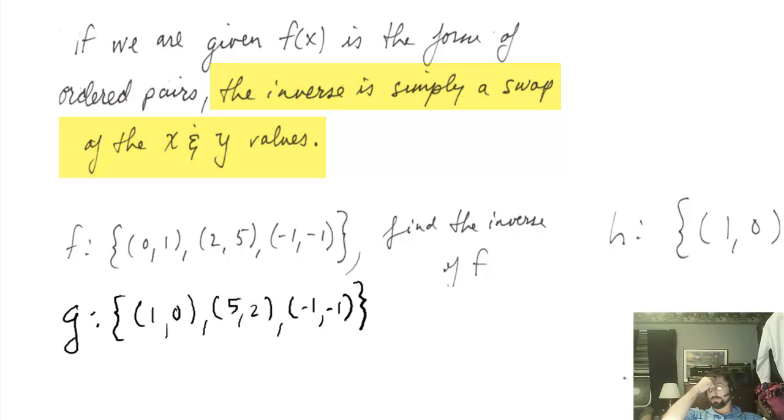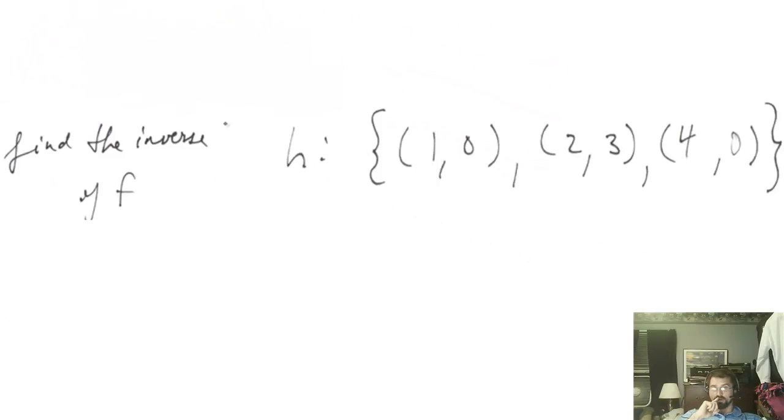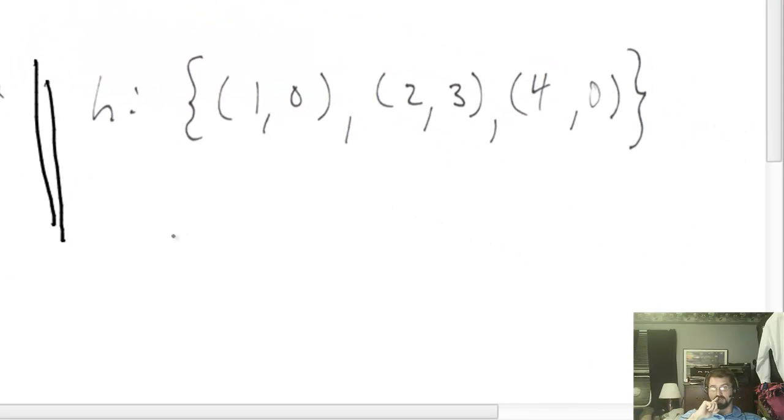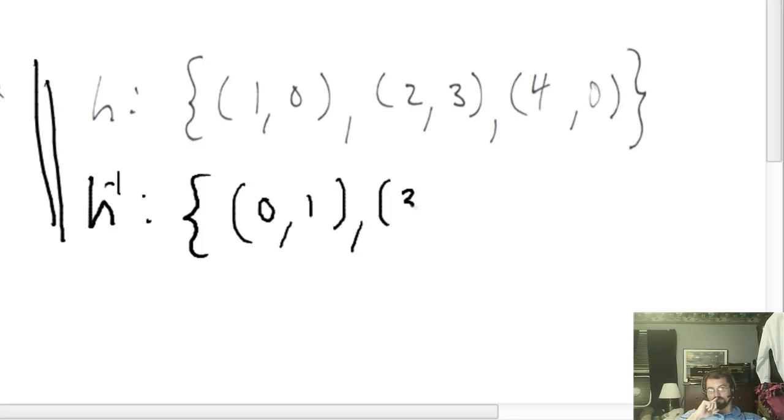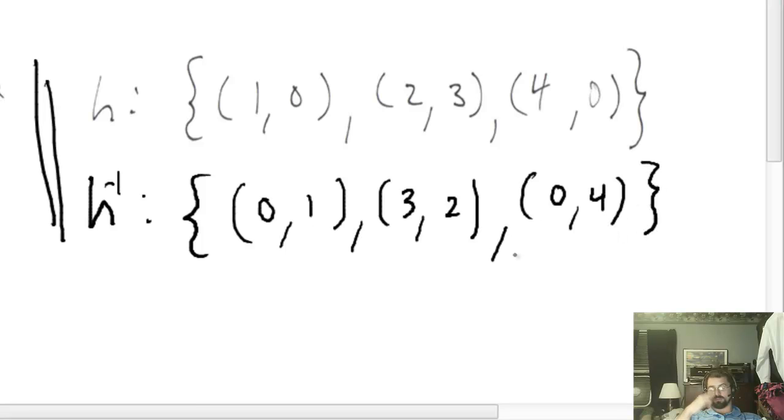So there you go. Now, over here, if I ask you to find the inverse of h, let's call it h inverse, you actually run into a problem. Because when you go like this, you get 0, 1. When you flip these outputs, you get inputs, outputs, you get 3, 2. And over here, you get 0, 4. But let's think back.